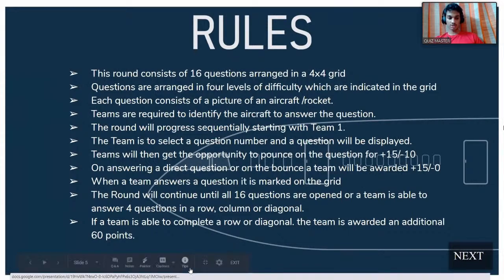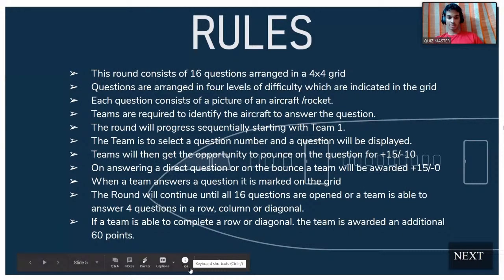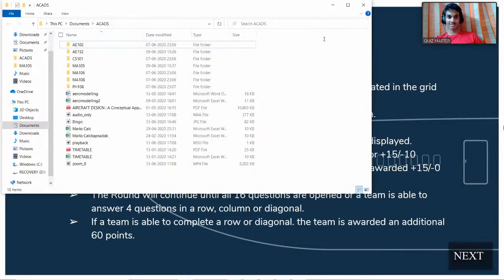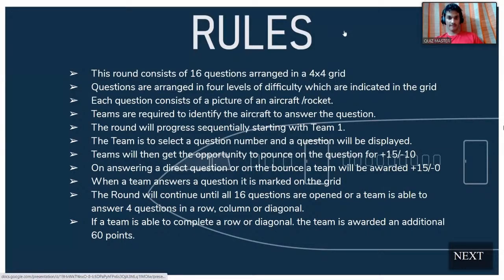But your major goal is not just to answer these questions, but to make 4 in a row. What I mean by that is, in my 4x4 grid, I expect you to answer 4 questions in a row, column, or diagonal. If you answer 4 questions in a row, column, or diagonal, I will give you an additional 60 points.